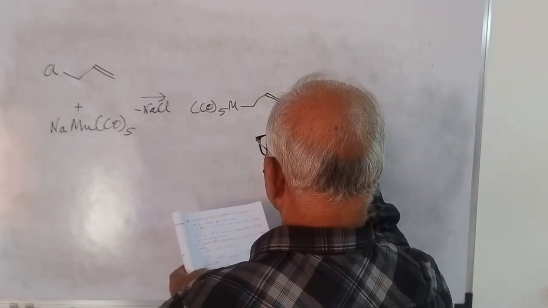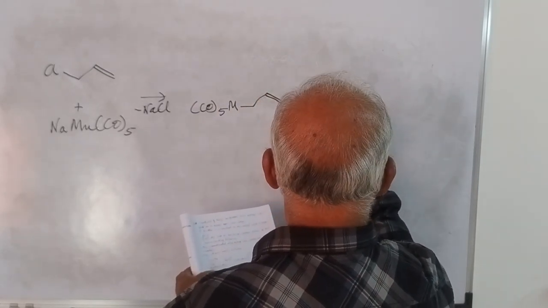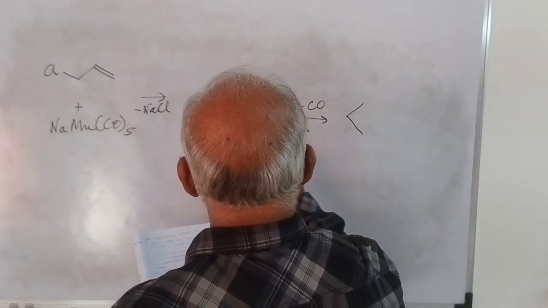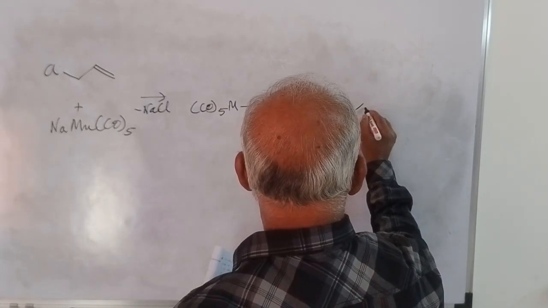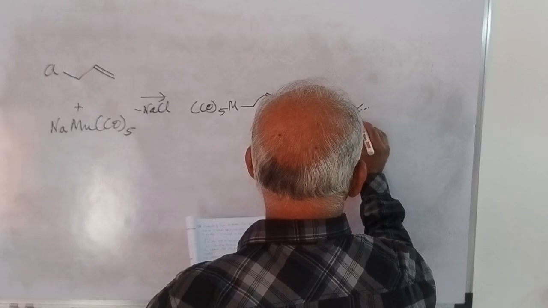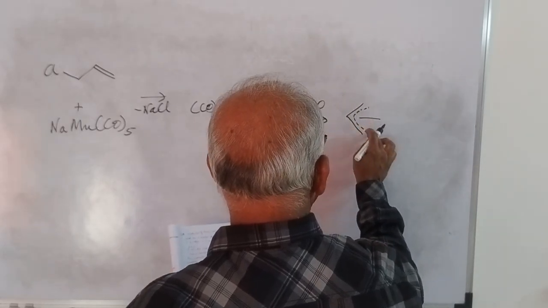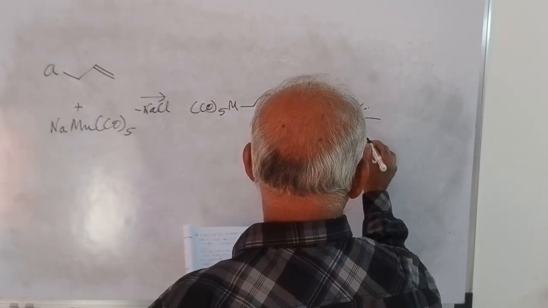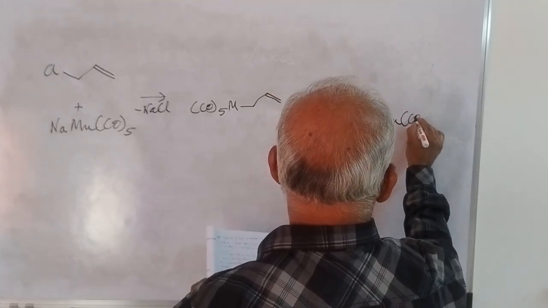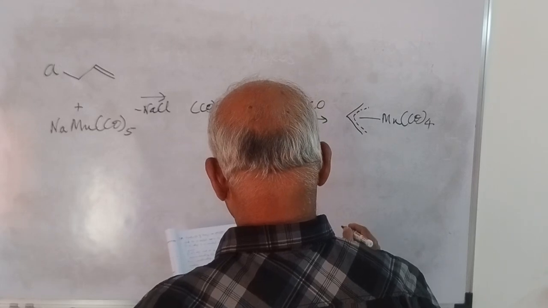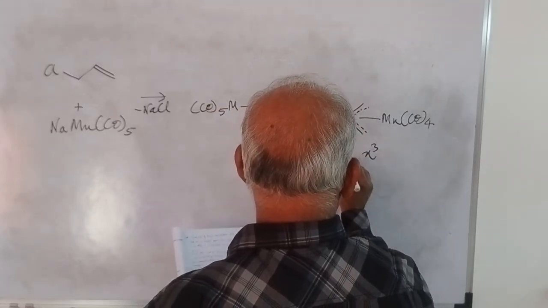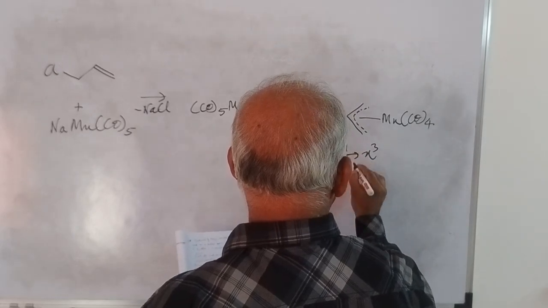As a result of this, we can have these 3 carbons like this, and the pi electron cloud is shared with the 3 carbons, so that is eta 3, shown like this, Mn(CO)4. So this is eta 3, but it is switching from eta 1 to eta 3.